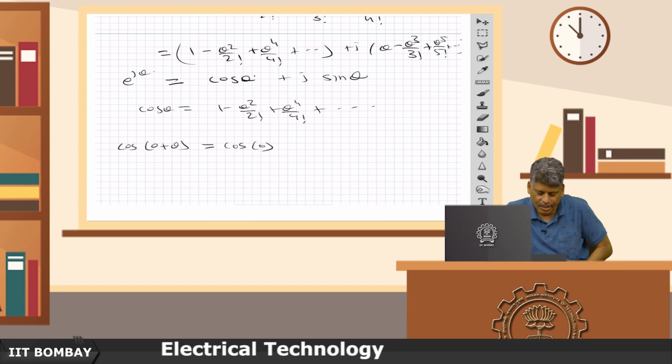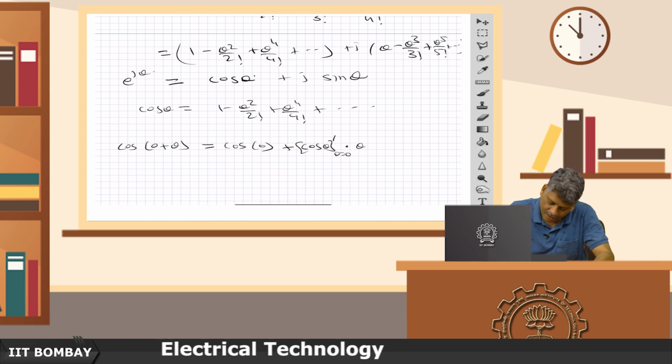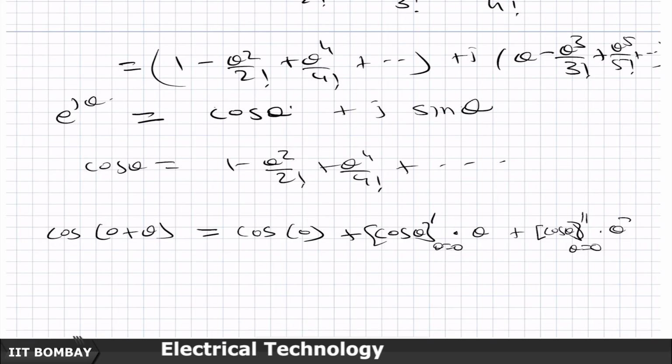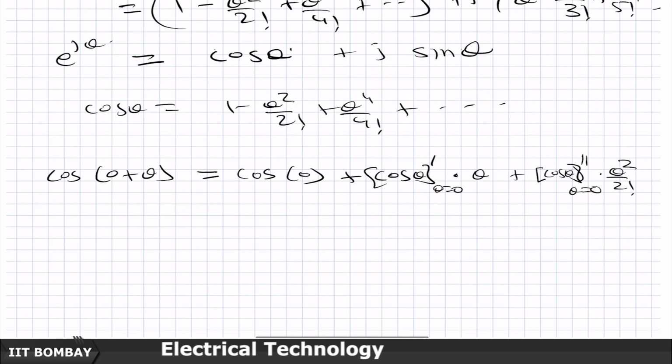So, this will be cos of 0 plus derivative of cos of theta evaluated at theta equal to 0 times theta by 1 factorial plus the second derivative of cos of theta evaluated at 0 times theta square by 2 factorial and so on.